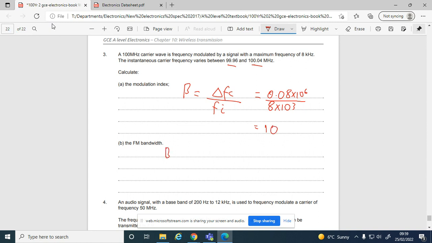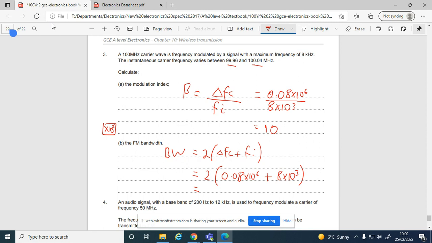Bandwidth, we've got the option again. Let's use twice delta FC plus Fi, shall we? So twice (0.08 times 10 to the 6 plus 8 times 10 to the 3). Make sure that you're okay with your prefixes. Don't literally write multiply 10 to the power of that on your calculator, that will not work. You've got a button that says times 10 to the x, by the equals sign.